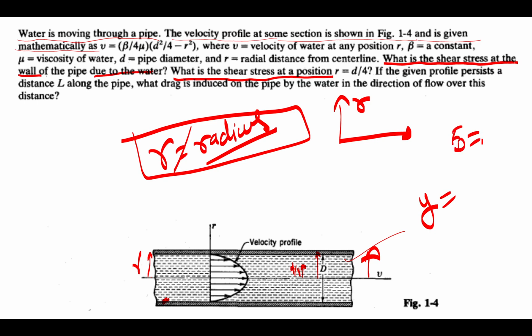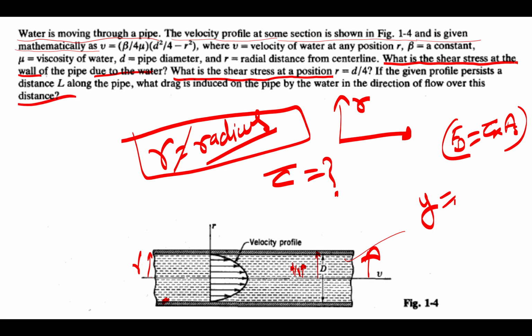Drag force. What will be the drag force? It is your shear stress times the surface area, as drag acts on the surface. So you need to calculate first your shear stress, on the pipe by the water in the direction of flow over this distance.